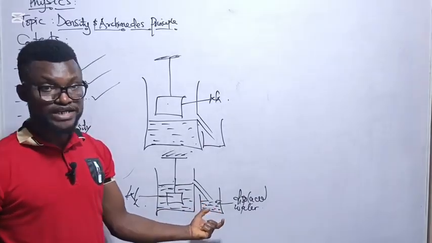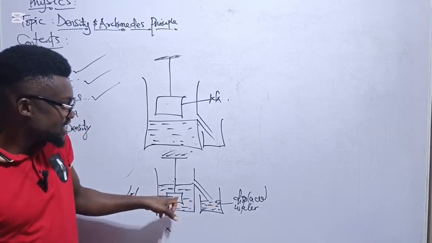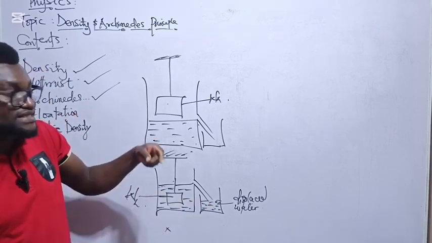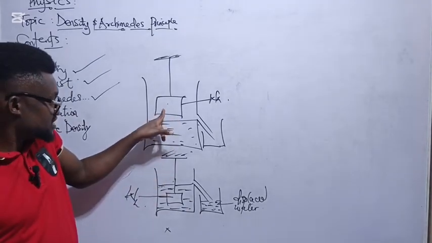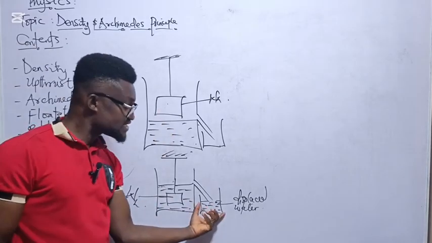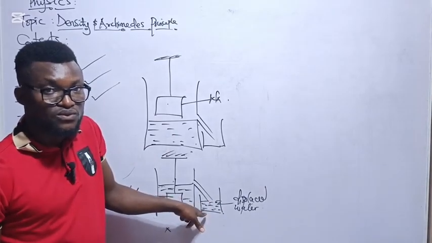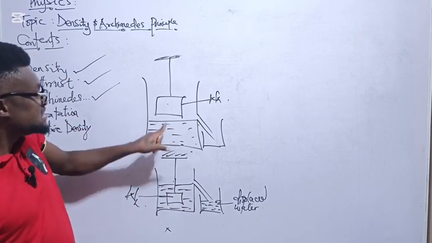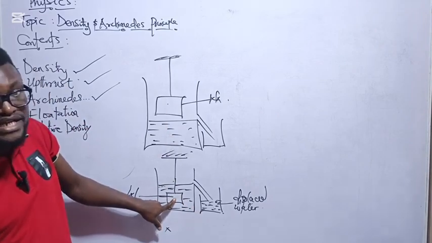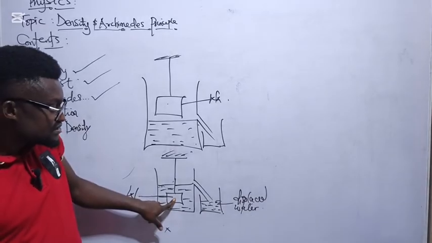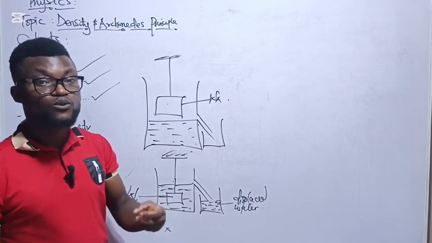If you measure the weight of the displaced liquid, you will observe that it is equal to the difference in weight between the body in air and the body when immersed in a fluid, telling you that the displaced water has a weight equal to the upthrust.